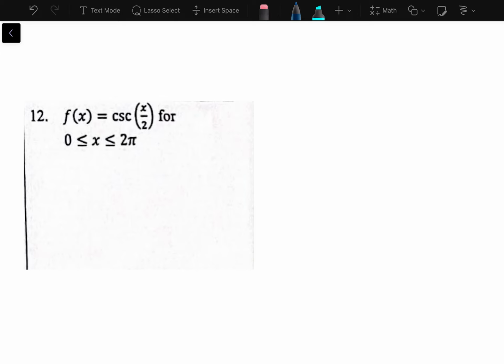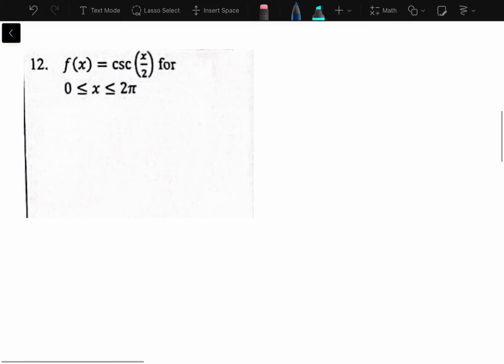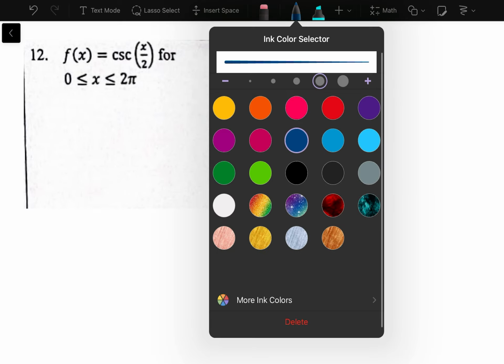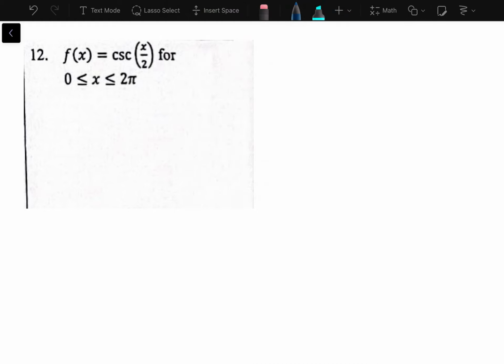Now here it's asking for the same thing, right? So of course, whenever you're working with these types of problems, you want to put it in simplest form first. So we can rewrite it as 1 over sine of x over 2. And again, at the bottom, whatever is in the bottom, set equal to 0.